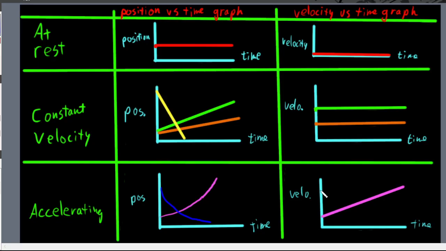And so it would actually do something like this. All right. And that might be what the blue one looks like. The point is, though, whether it's increasing or decreasing, it is accelerating, it's changing its velocity.